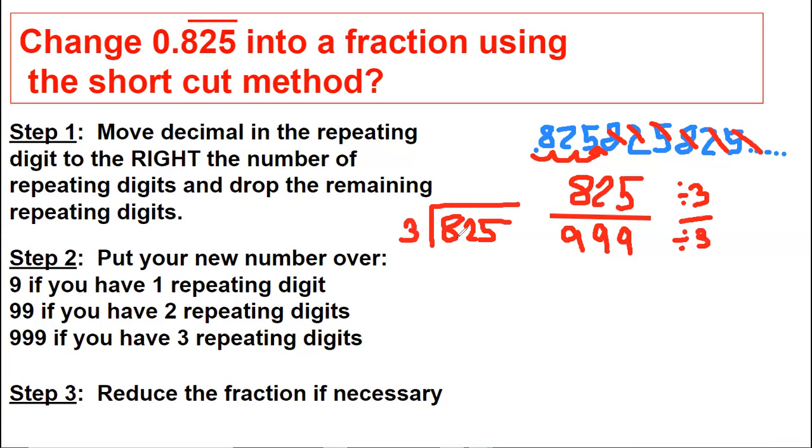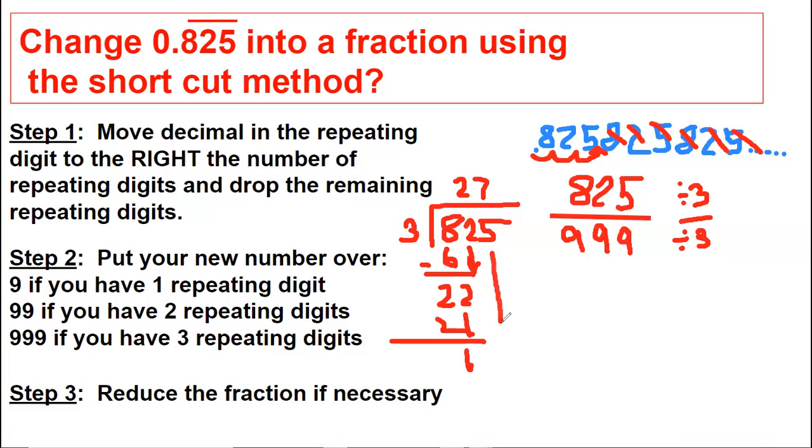How many 3's go into 8? 2, right? 2 times 3 is 6. 8 minus 6 is 2. Bring down the 2. How many 3's go into 22? 7, right? 3 times 7 is 21. And 22 minus 21 is 1.